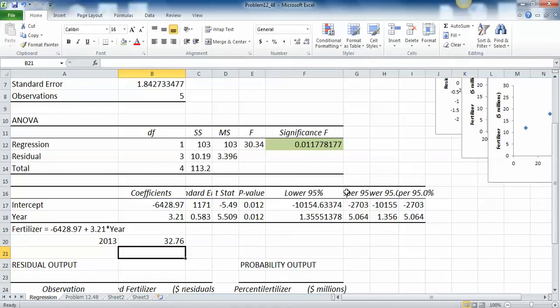I can expect in the year 2013 $32.76 million of fertilizer to be exported into Indonesia.